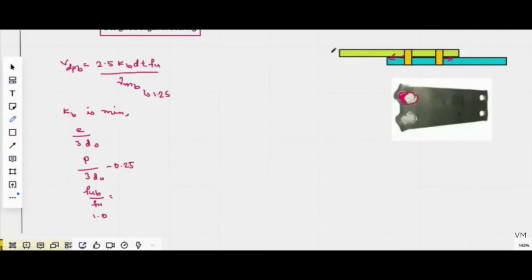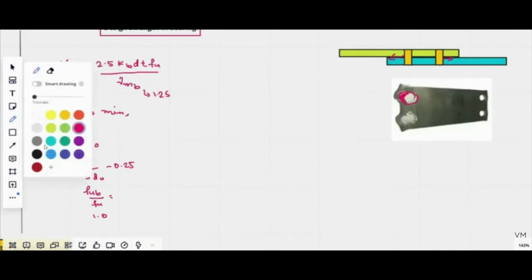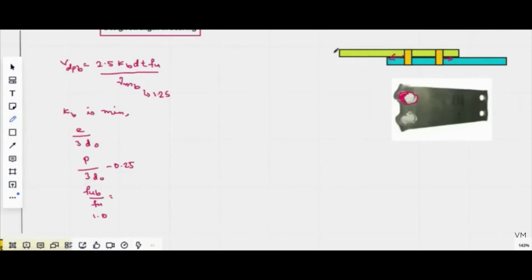Due to the application of tensile force on the plate, the plate tends to move in this direction, whereas the bolt, to maintain equilibrium, will counteract the movement of the plate and apply some force in the opposite direction.